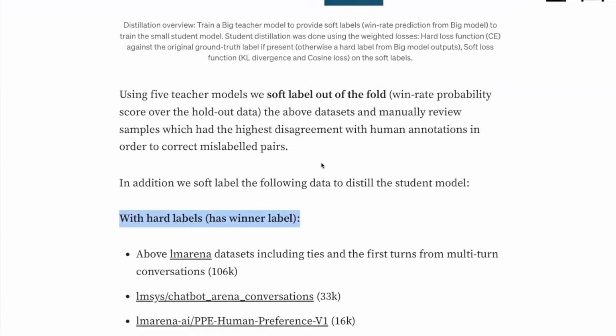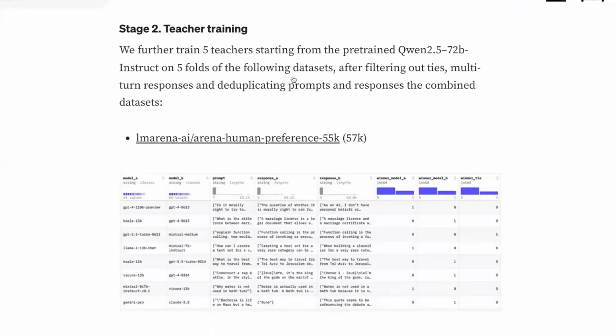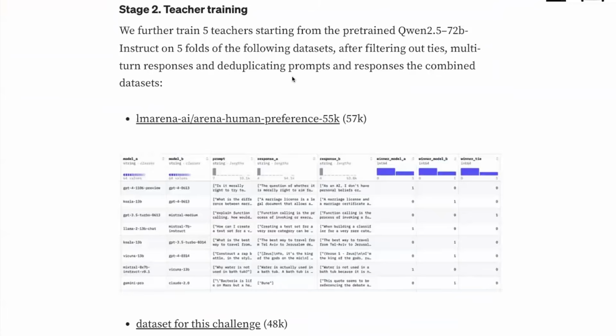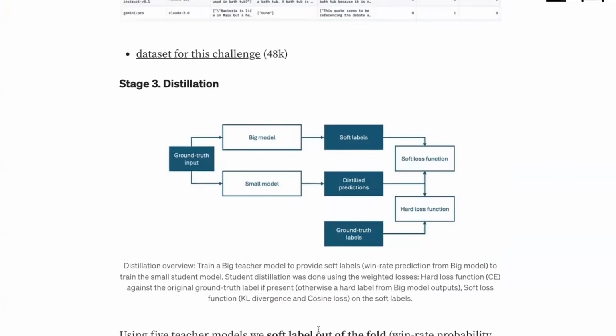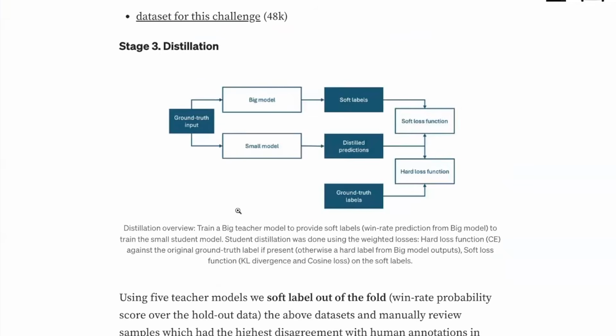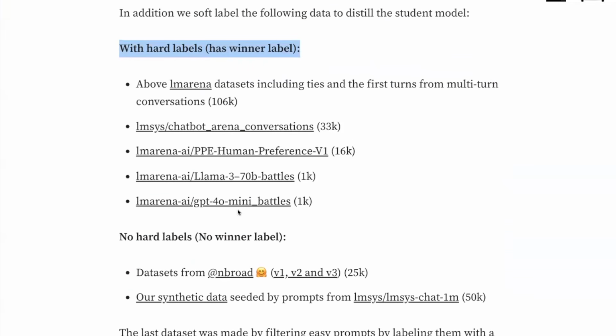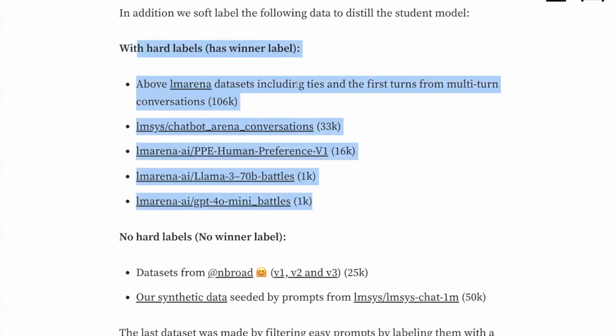So as I mentioned, the teacher model is trained trying to use as high quality human annotated data as possible. When they train the student model, you see how many data sets they use. There are a set of data sets that have hard labels.